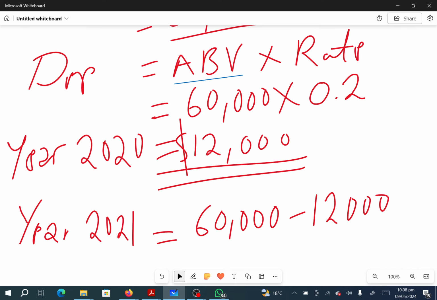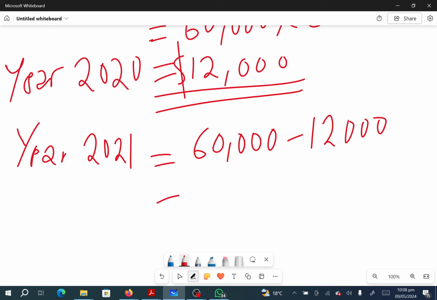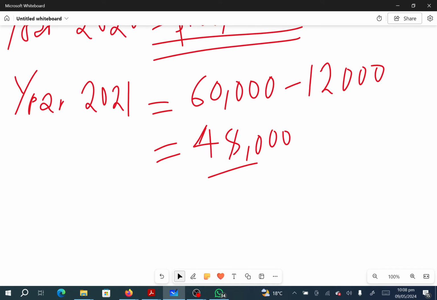So 60,000 minus 12,000 gives 48,000. So this becomes your asset book value for year 2021. Have you seen how we are reducing the balance?